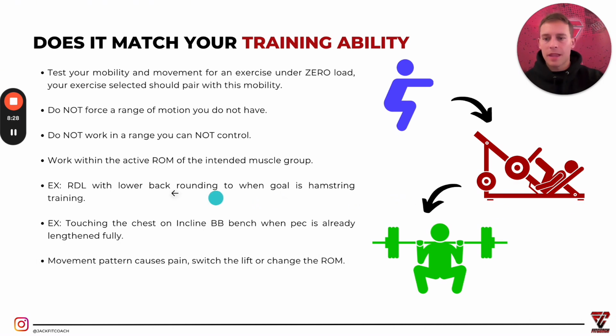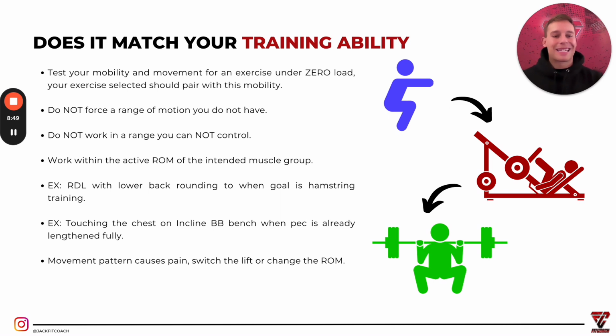For example, if we take a look at a Romanian deadlift for hamstring or glute training, we want to allow for a slight rounding of the lower back to accommodate that natural lengthening of the hamstrings. In order to do that, we can slightly bend at the knee as well.